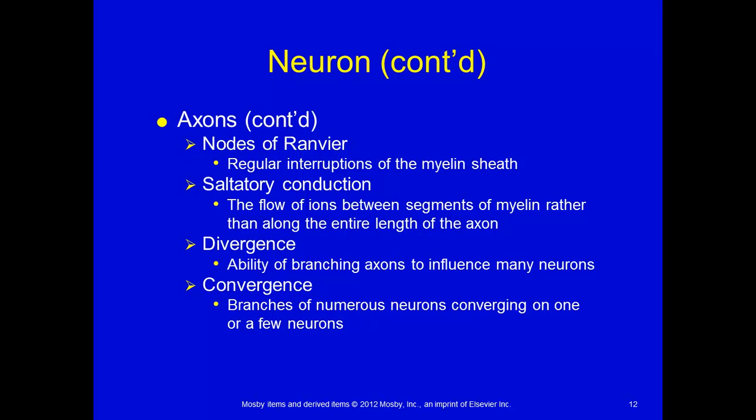If there is some disruption to the myelin sheath of the axon that's trying to innervate my bicep, I'm not going to be able to contract my bicep in an efficient way. It might be slowed, my bicep contraction might be weaker. And if it gets so bad that the myelin sheath has been completely destroyed and there really is no myelin sheath on that axon anymore, then I'm going to have complete stoppage of function. I'm going to have paralysis. I'm going to have complete lack of use of that bicep.